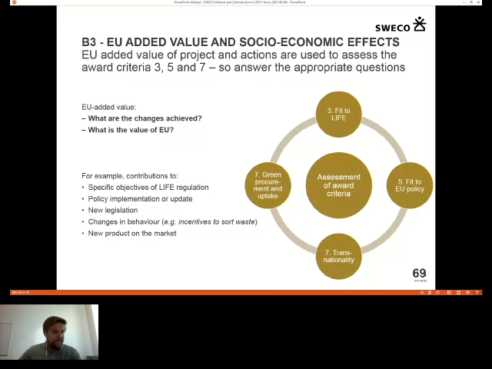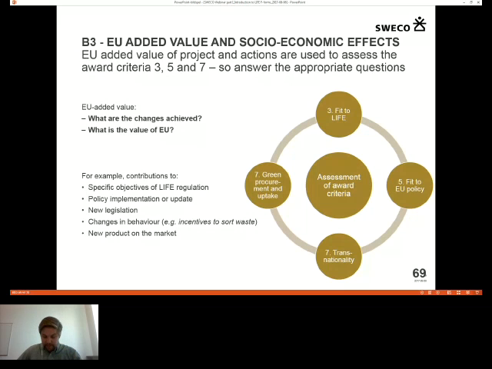First of all, you need to keep in mind that there is no minimal score for this criteria. Even if your project is not promoting transnationality and green procurement, you will be able to have your project approved in any case. But nevertheless, this is again a good chance to earn some extra points, because when it comes to transnationality, this does not need to be too complex.